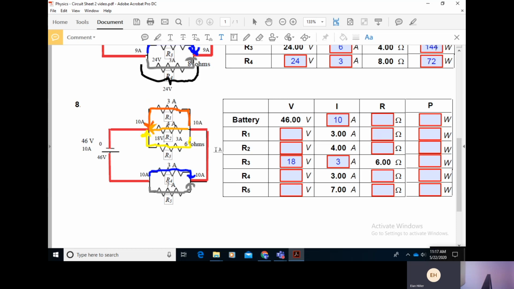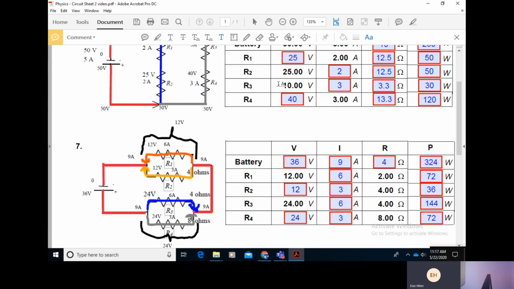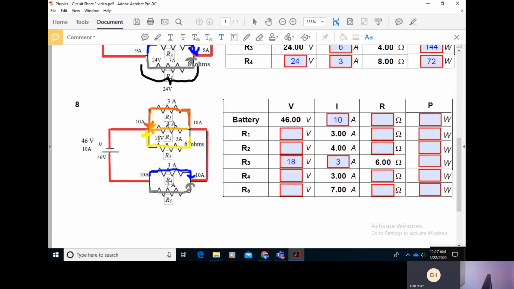But the yellow resistor is in parallel with both green resistors. And we know that voltage in parallel is the same. So if the yellow resistor has 18 volts of potential drop across it, that means the potential drop across the light green resistor is 18 and the dark green is also 18. So we can fill out voltage drops across resistor 1, 2, and 3.